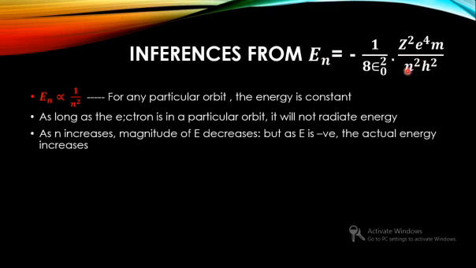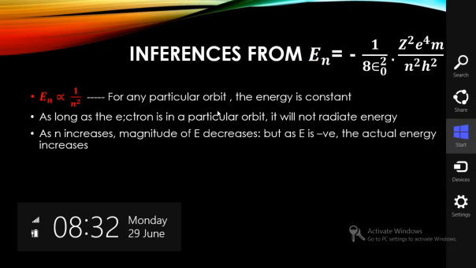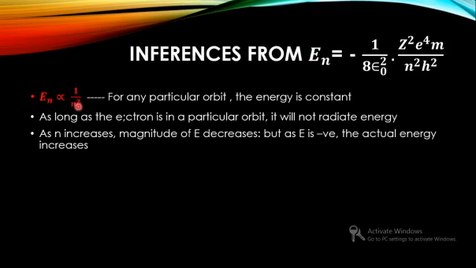So as n increases, En will be decreasing. The magnitude of energy will be increasing with decrease in n. Or let me take it this way: as n increases, for a higher orbit, the magnitude of the energy will be less, inversely proportional.